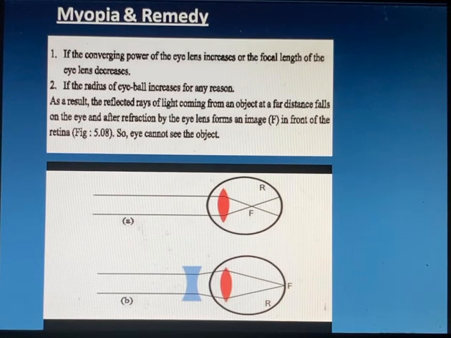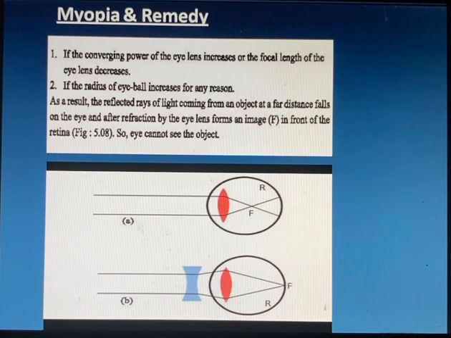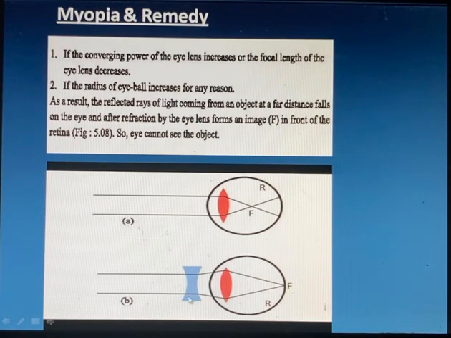However, the doctor suggested the patient use the negative lens. What is the negative lens? Of course, the concave lens is called the negative lens, right?